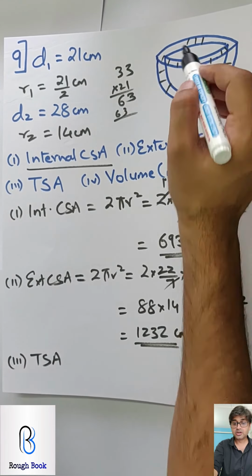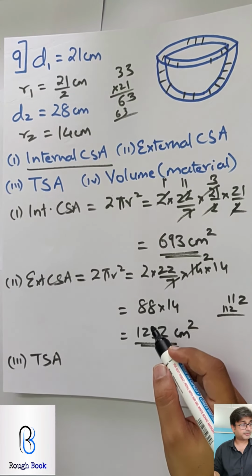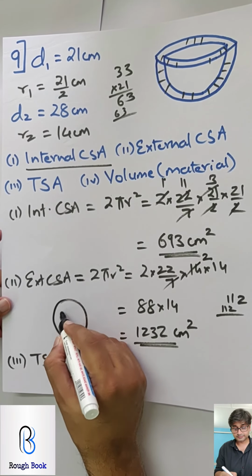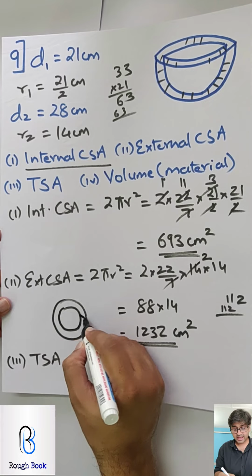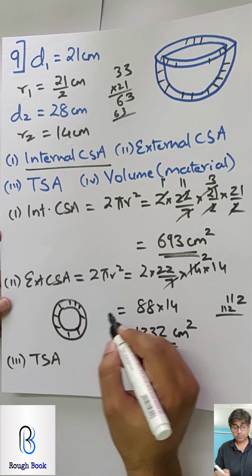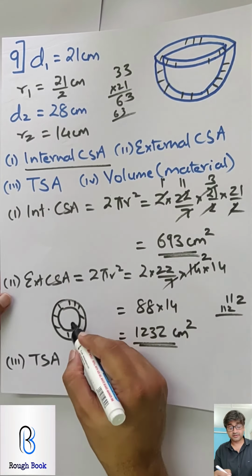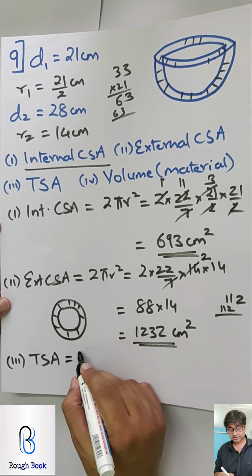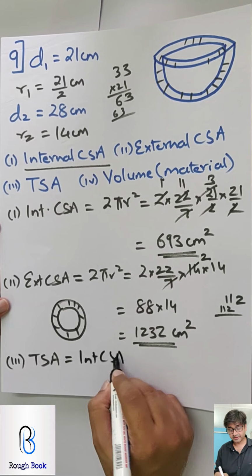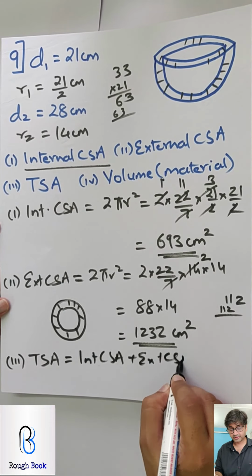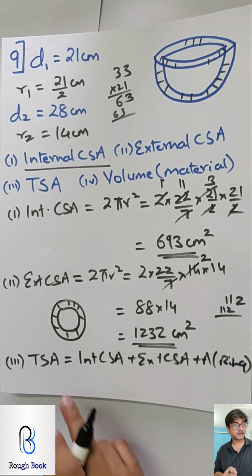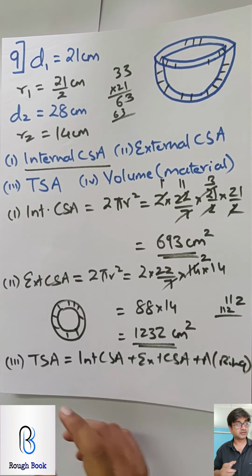It's pretty thick. So when you look at this border from top, the shape will look like two concentric circles, 1 and 2. And this is the border, which also you have to paint, and therefore that will also become part of total surface area. So total surface area will be inner curved surface, external curved surface, plus the area of the ring. We call this a ring because it looks like a ring.